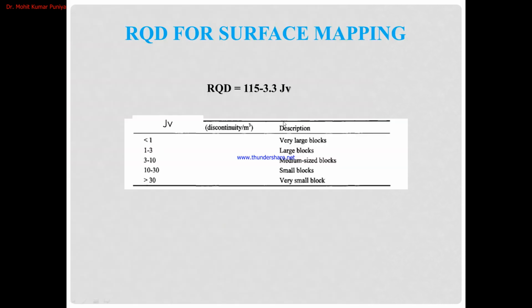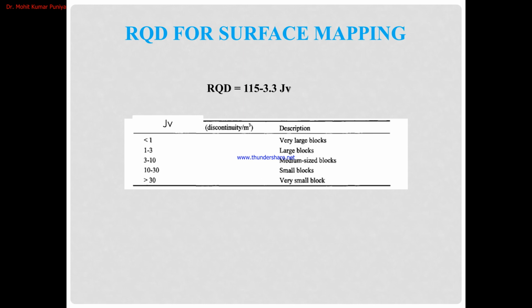Based on the Jv we can classify the rock into different types. If the number of joints is less than 1, that is very large blocks, then 1 to 3 large blocks, 3 to 10 medium size blocks, 10 to 30 small blocks, and more than 30 very small blocks. Very small blocks are very fragile in nature, and it is very difficult to support these blocks.